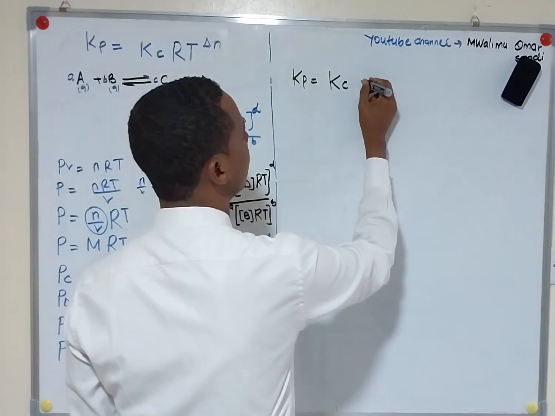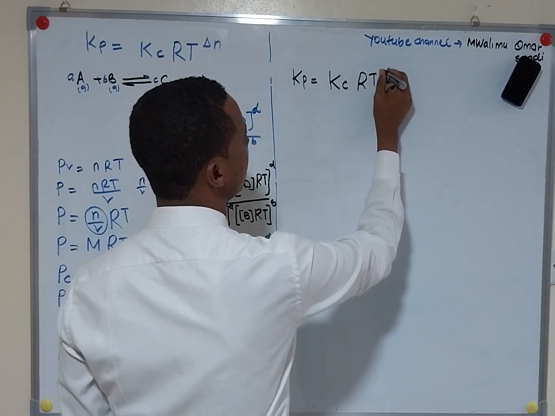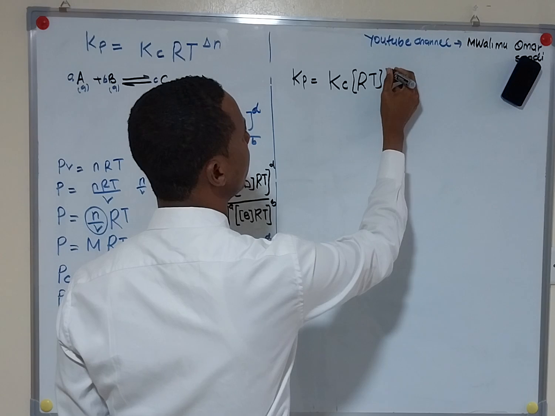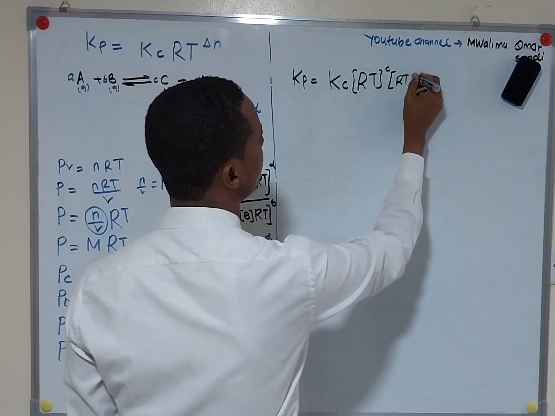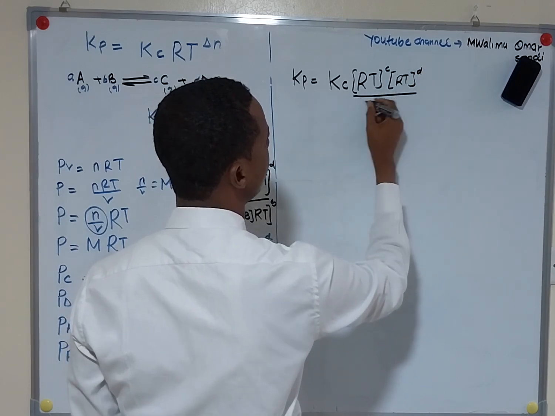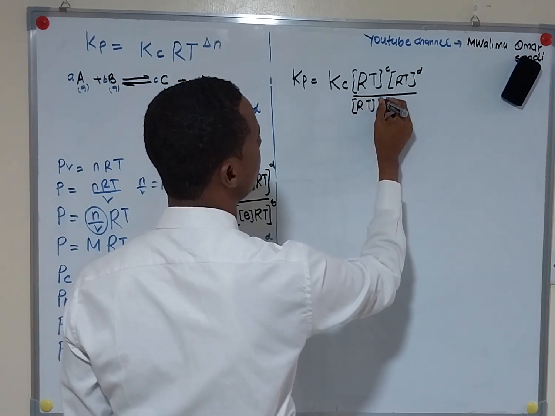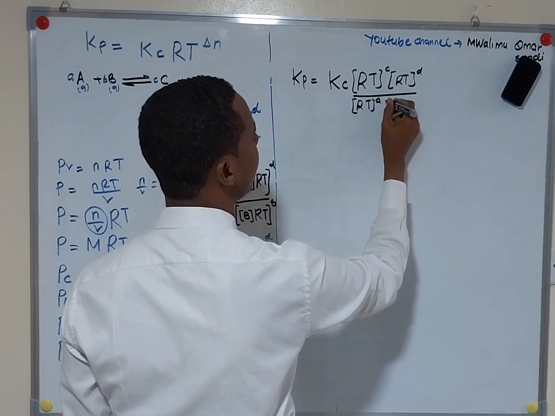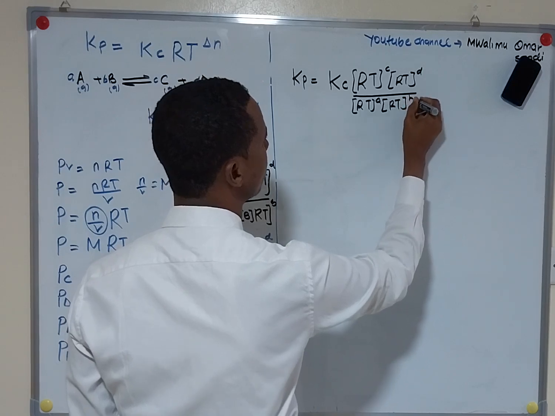So we have Kp is equal to Kc, RT power c, and then RT power d, all over RT power a, then RT power b.